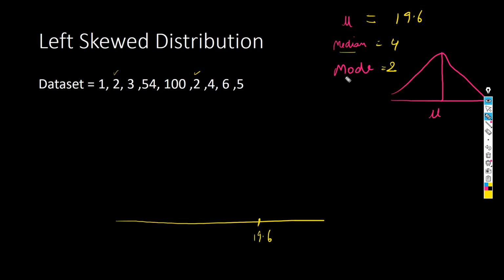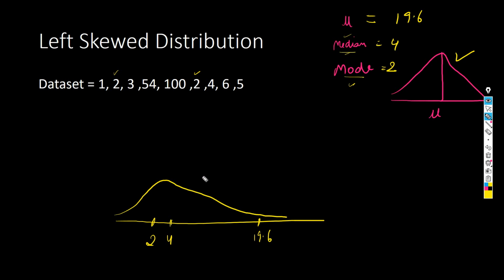Our median and mode are close to each other, here. But for an exactly normal or Gaussian distribution, mean, median, and mode should be equal. If you plot this, it will go something like this, right?